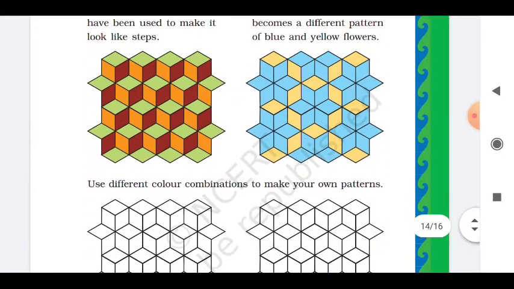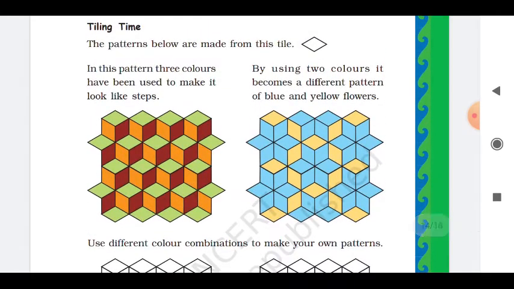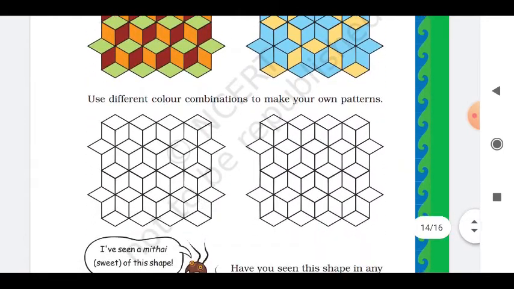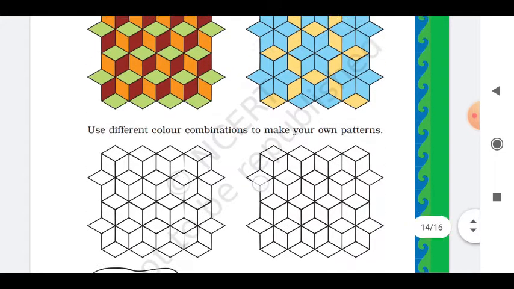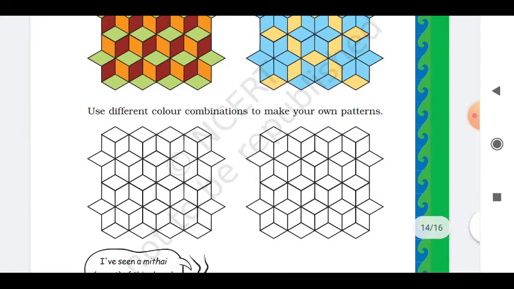See, they made it here as a blue and yellow flower. Here some green, orange and red colors they have used. Use different color combinations to make your own pattern. See here, you can take different colors and you can color this. Okay, and this picture you have to send to me. This one you have to do in your textbook and you have to send to me.